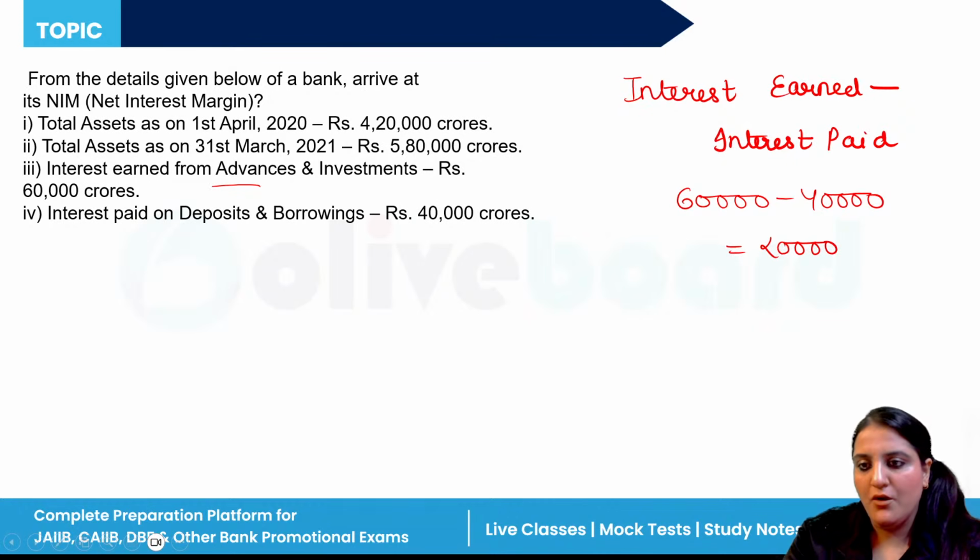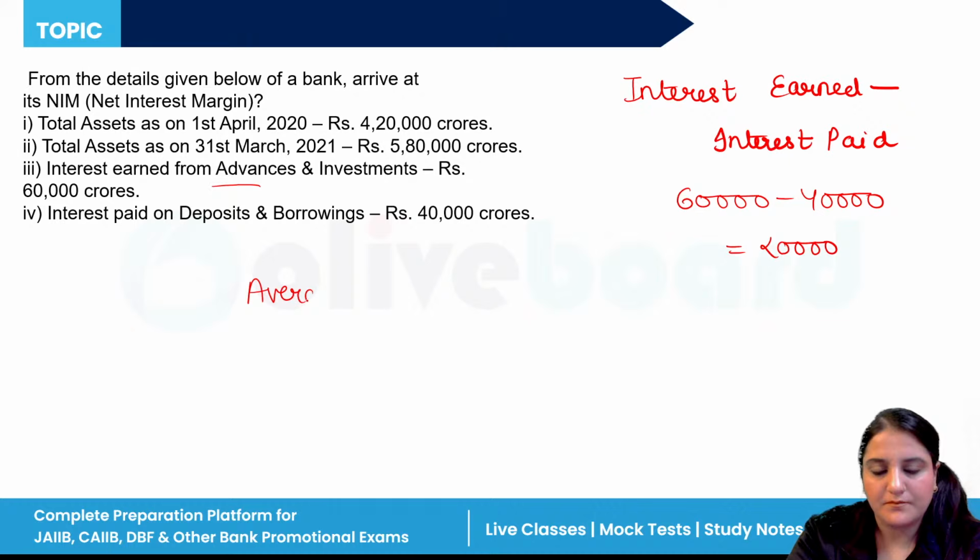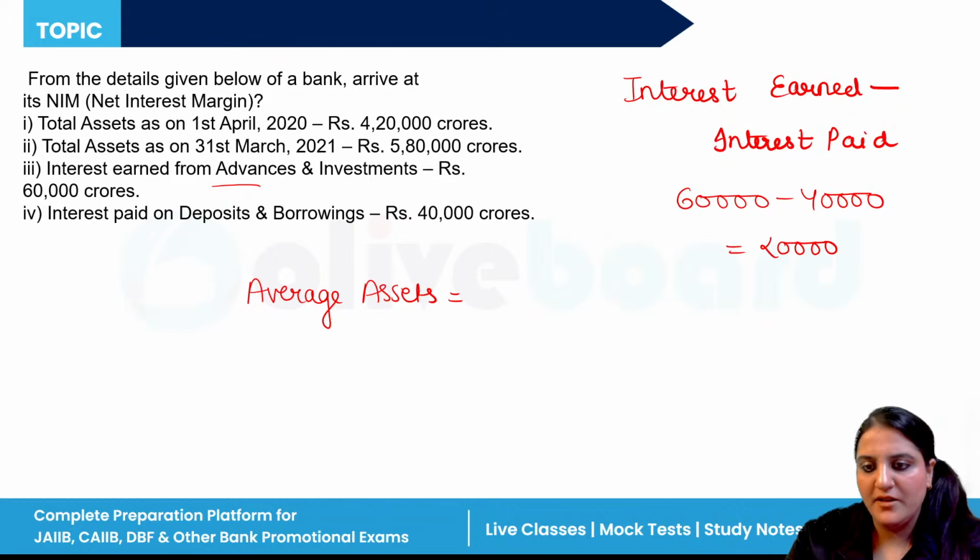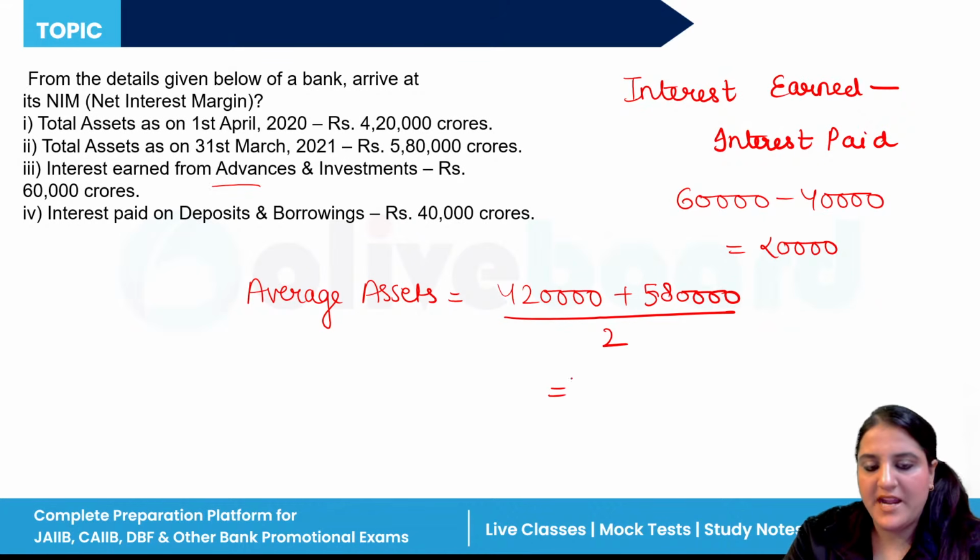Right? Now you can calculate the average assets here, which equals 4,20,000 plus 5,80,000, divided by 2. That will be equal to 10 lakh. 10 lakh by 2, 5 lakh.